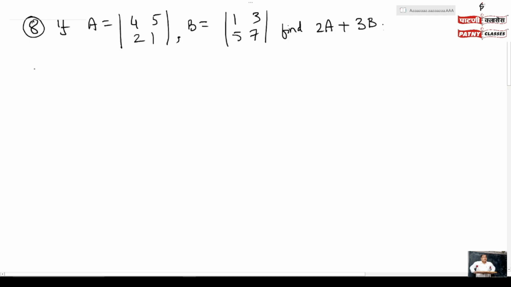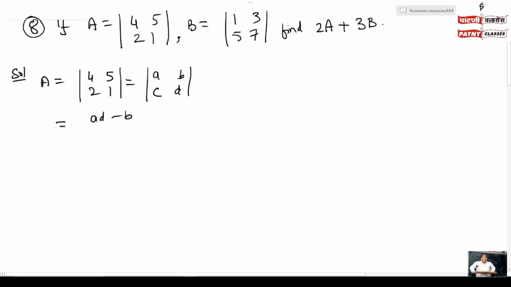If A equals the matrix 4, 5, 2, 1 and B equals the matrix 1, 3, 5, 7, find 2 determinant A and 3 determinant B. Solution. A equals 4, 5, 2, 1, comparing with a, b, c, d, determinant equals AD minus BC equals 4 into 1 minus 2 into 5 equals 4 minus 10 equals minus 6.